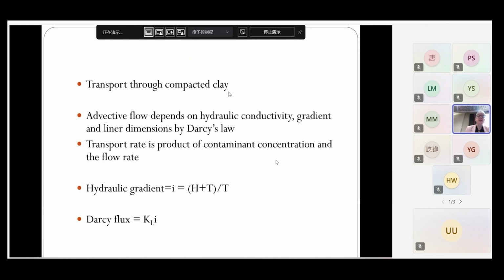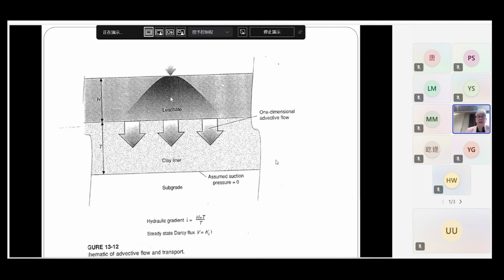So you can get some transport through the clay, but because you're going to have a very low hydraulic conductivity, it's going to be very slow. Because it's in the vertical direction, we look at it in terms of the hydraulic gradient, in terms of the depth over the clay liner. This is your height, and your thickness will be the clay layer.